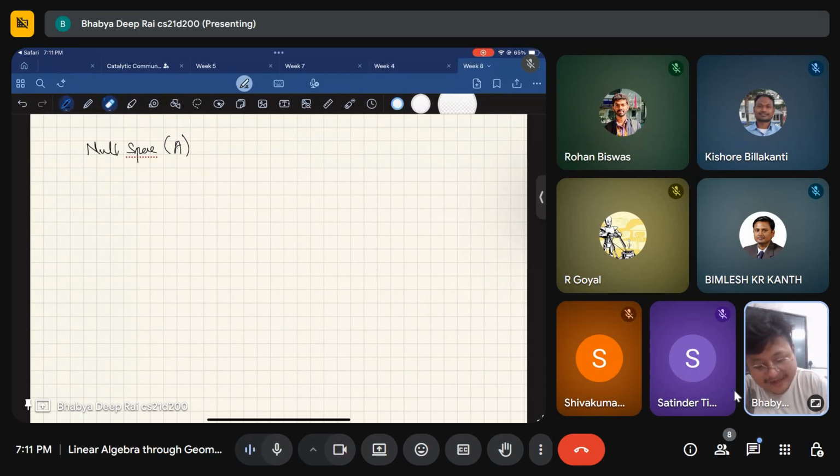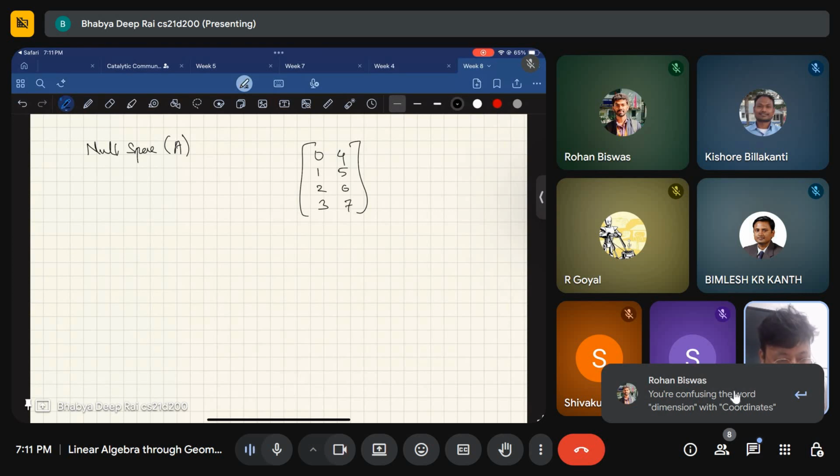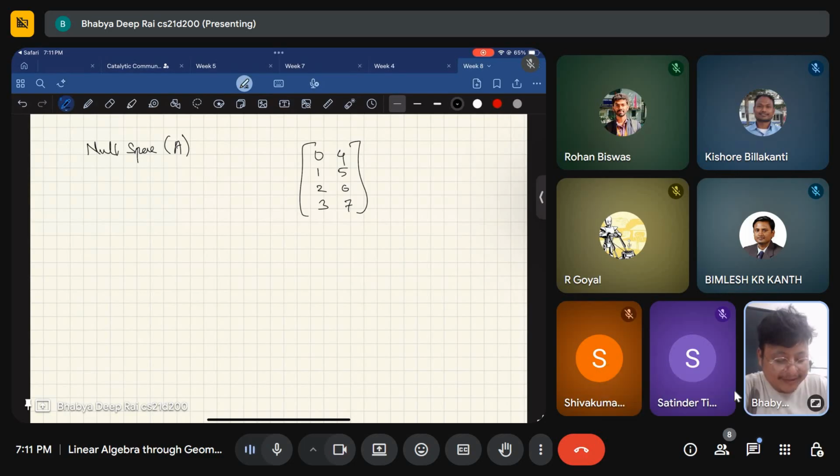For example, if I have a matrix like this, 0, 1, 2, 3, and 4, 5, 6, 7, they look to be linearly independent with each other, and yeah, they are linearly independent.